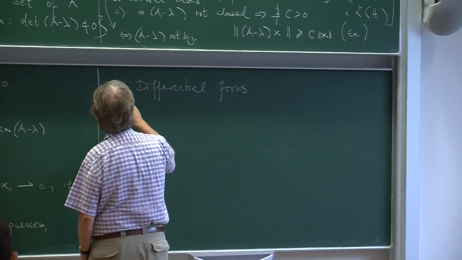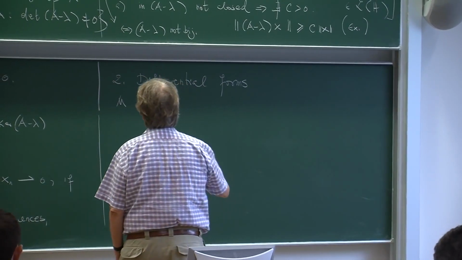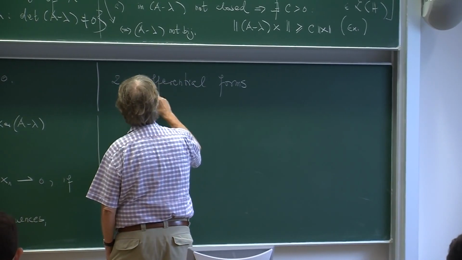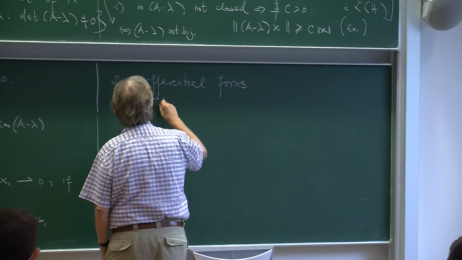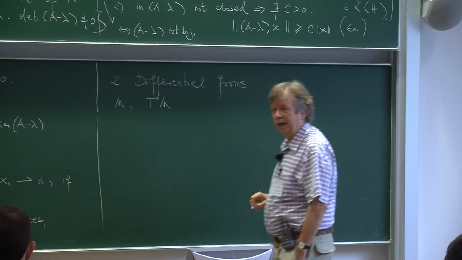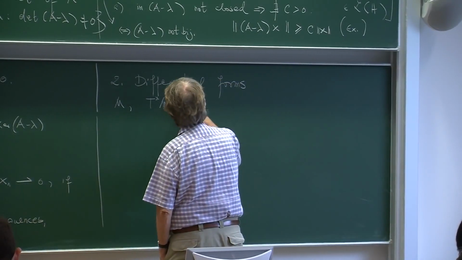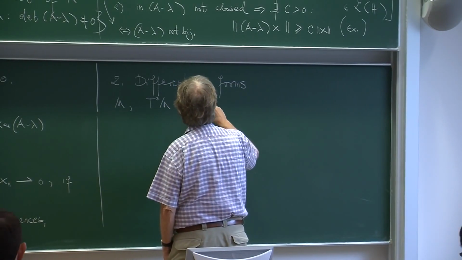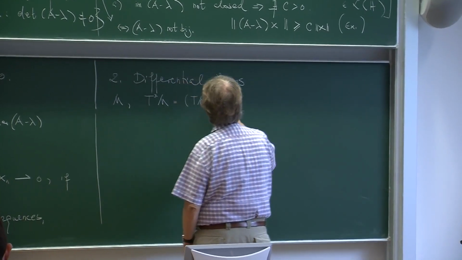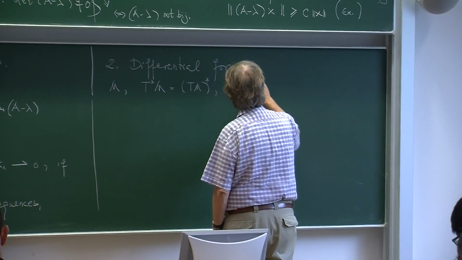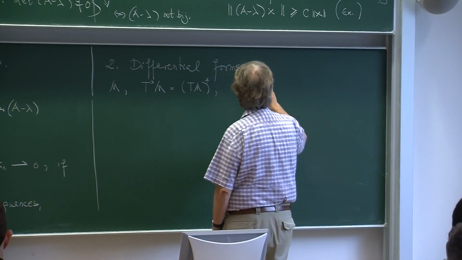So we have this manifold M, and then we have its cotangent bundle, the dual bundle to the tangent bundle. And then we can form the exterior algebra.